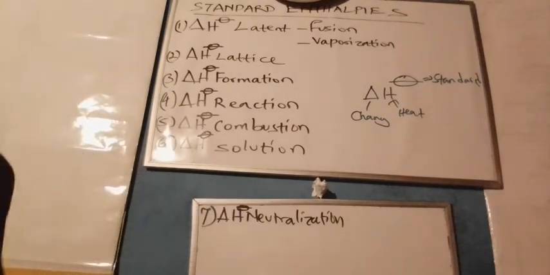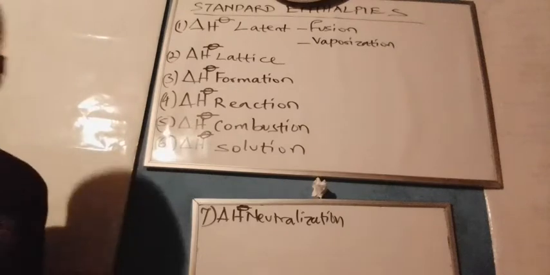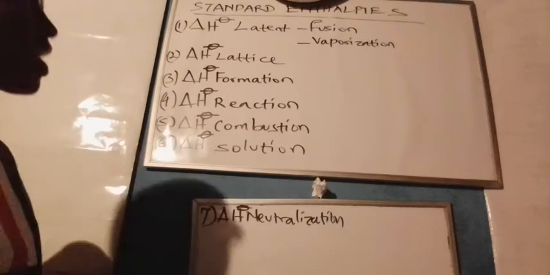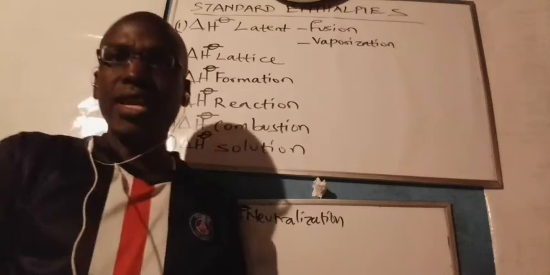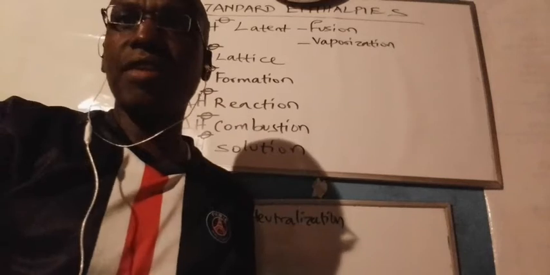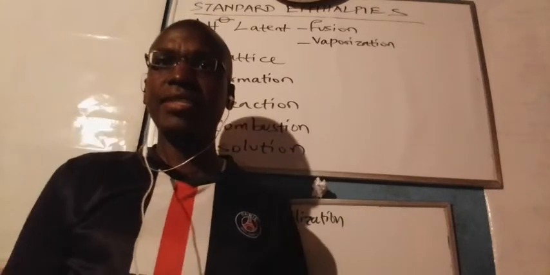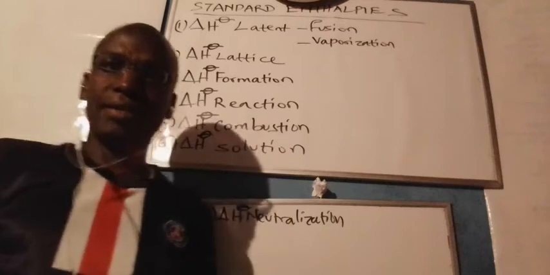Proceeding to what we have represented, we can begin by looking at what is known as the standard latent heat. Now, the standard latent heat is the least quantity of energy produced at transitional temperatures where a substance changes from a solid to a liquid or from a liquid to a gas.